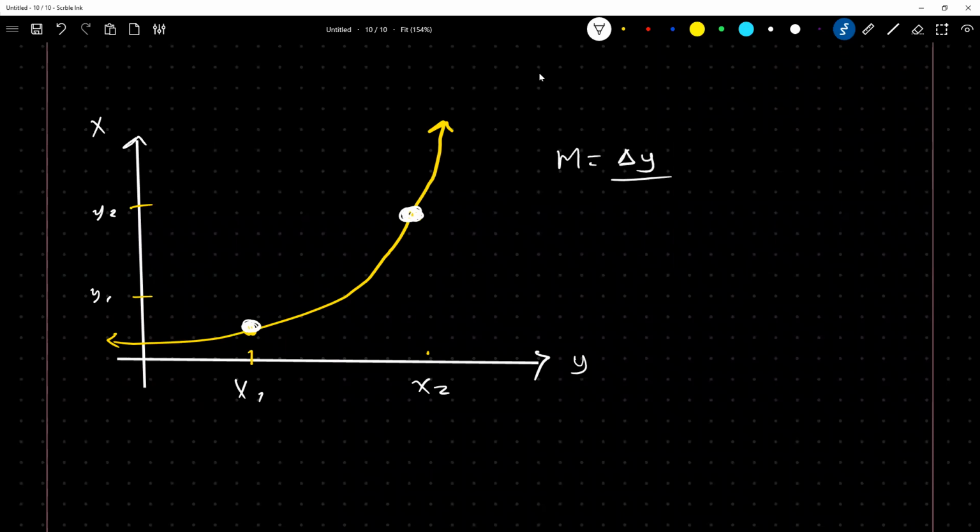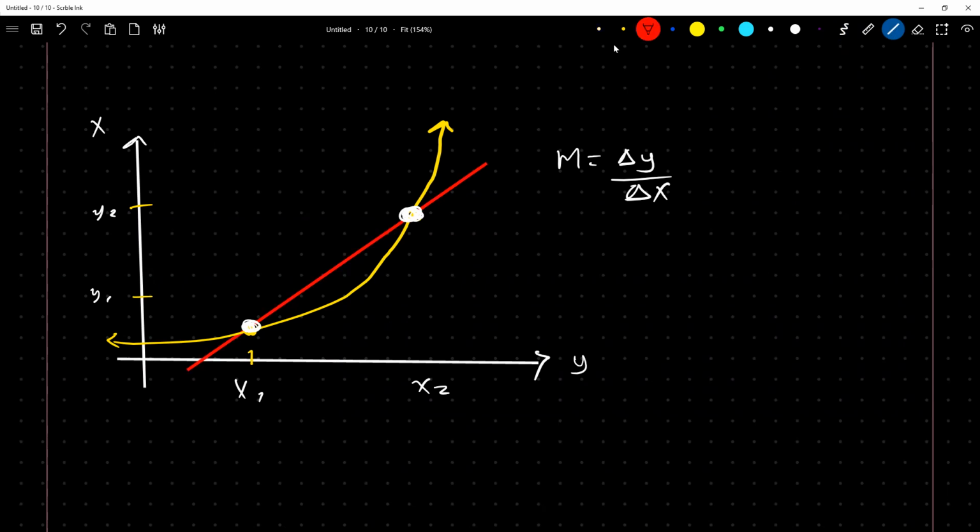But it's not going to give us the slope of the function at one specific point. Instead, it's going to give us the average by giving us the slope of this line that's passing through 2 points.